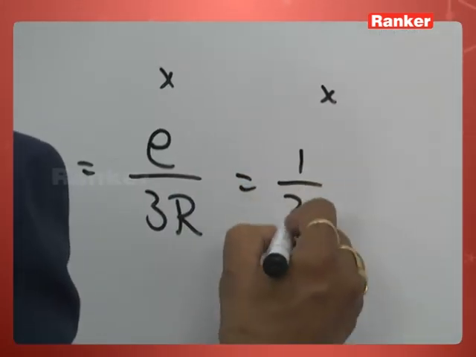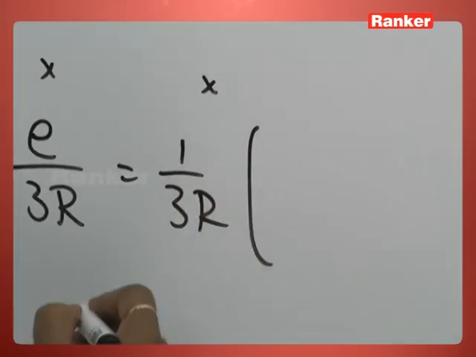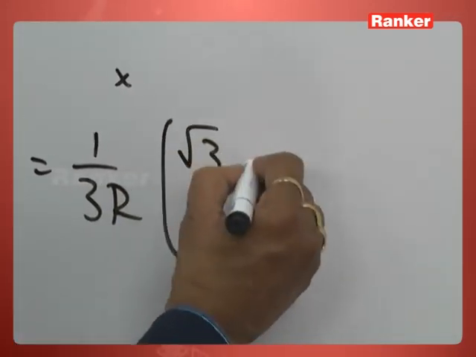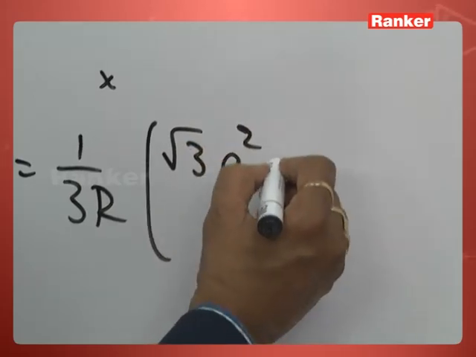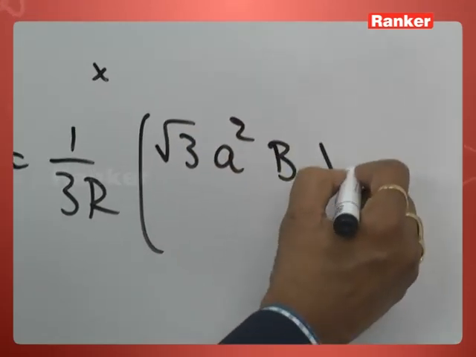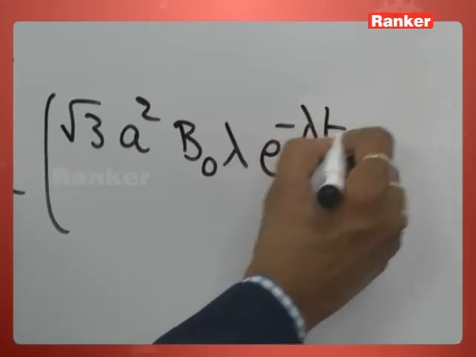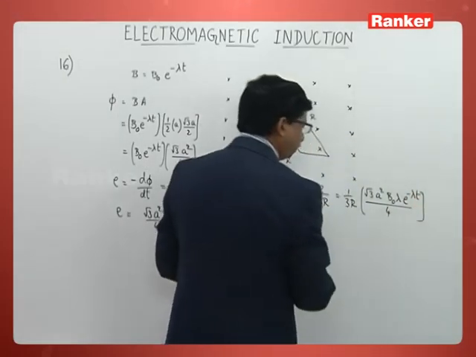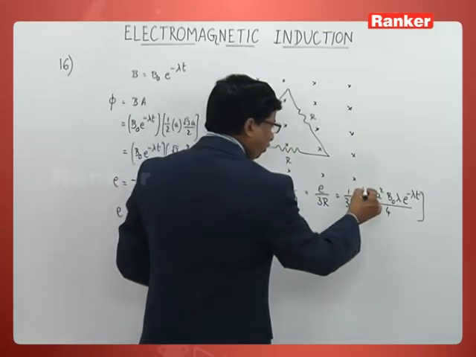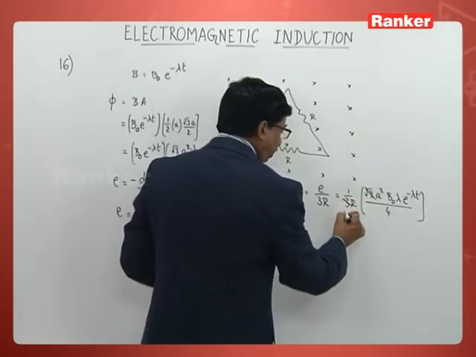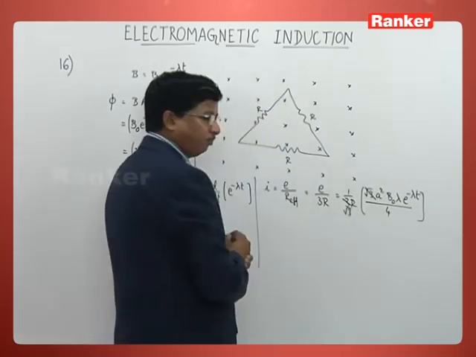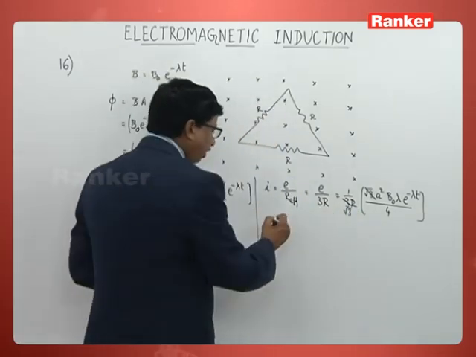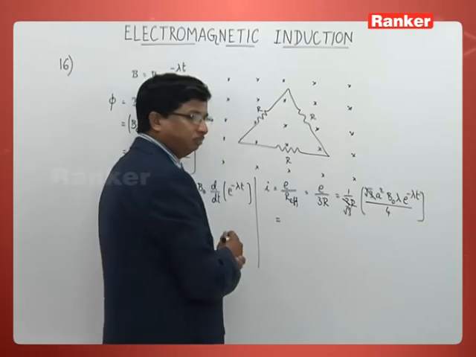1 by 3R into this root 3 a square B naught lambda e power minus lambda t whole over 4. That is the case. Now of course you can cut this root 3 here, root 3 times. Now what is left over? You simply check that one.